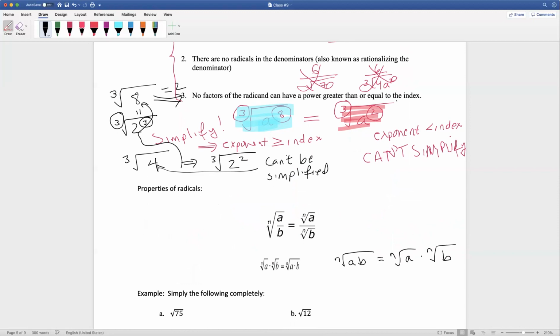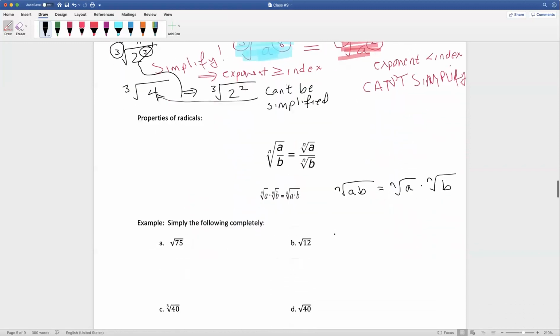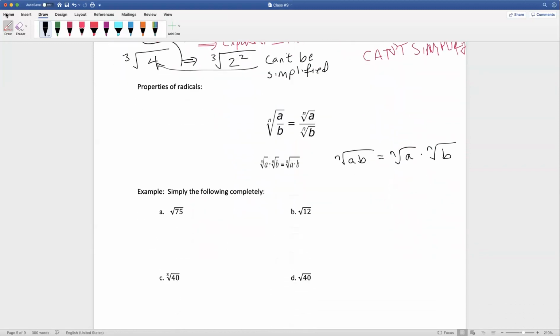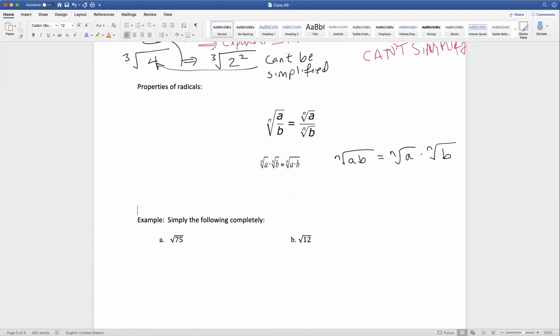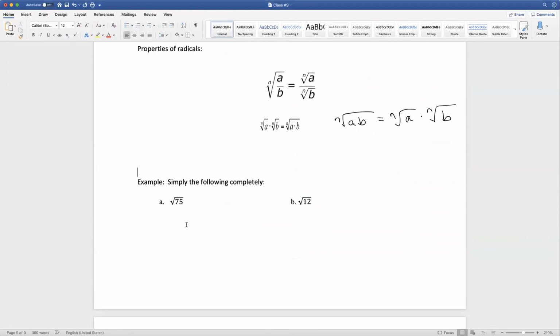Same thing with quotients. If you have a quotient, you can break up that quotient using each factor. So the nth root of a over b is the nth root of a divided by the nth root of b. The nth root of a times b is the nth root of a times the nth root of b. I'm just going to put a little bit more space, I'm sorry. And so what those properties are going to allow us to do is simplify these guys as much as we possibly can.